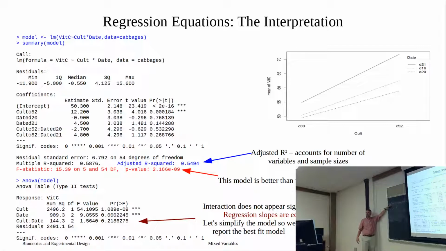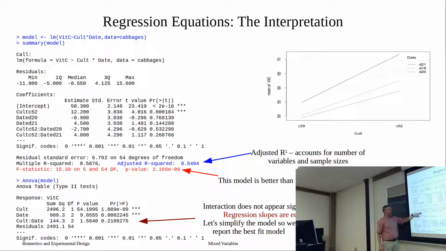We've accounted for almost 55% of the variation in vitamin C levels by including cultivar, date, and that interaction term, which is pretty good. We still have 45% that's unaccounted for, but 55% is accounted for.